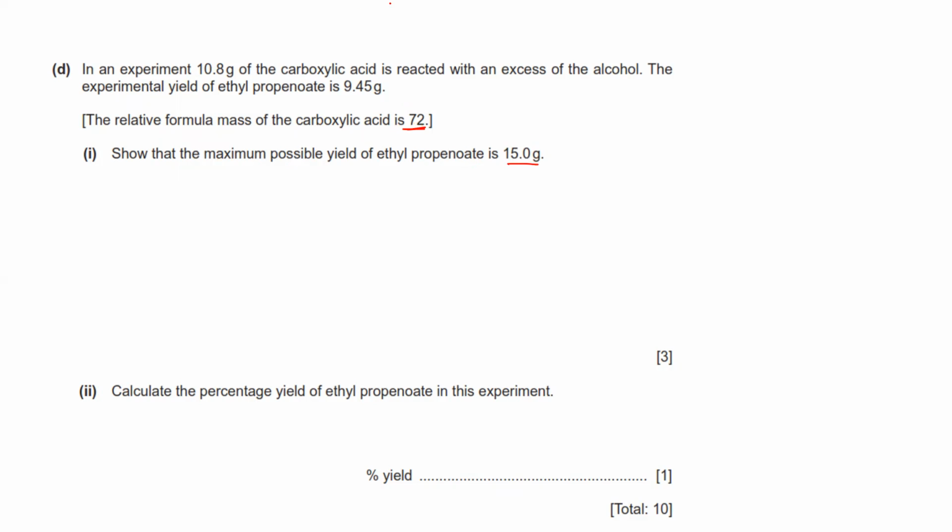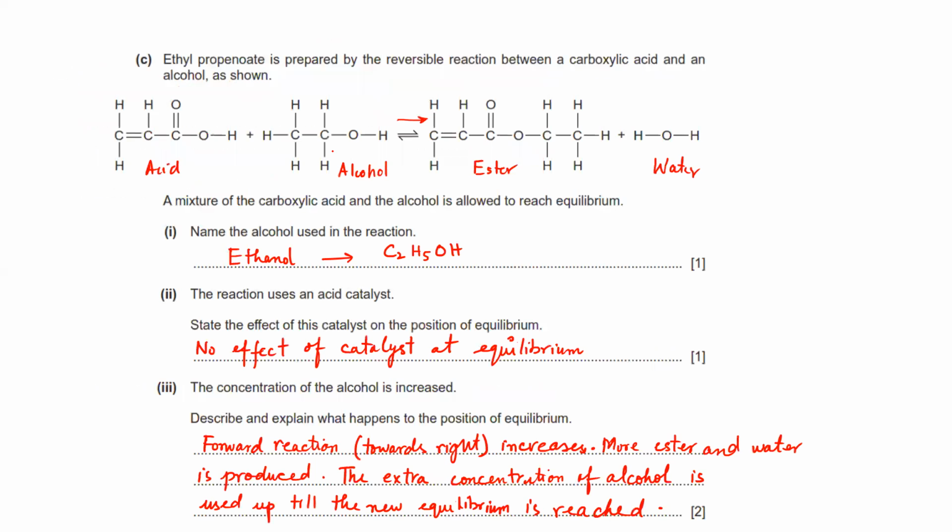Okay, so just find out the moles of the acid first. So calculate moles of, let me call the carboxylic acid A. So moles of A is equal to 10.8 grams divided by molecular mass. So this comes out to be 0.15 moles. Okay. So from this reaction, 1 mole of acid gives us 1 mole of ester.